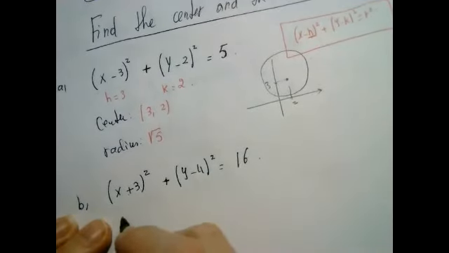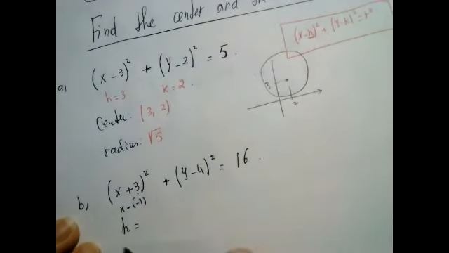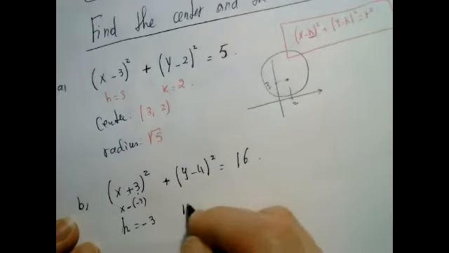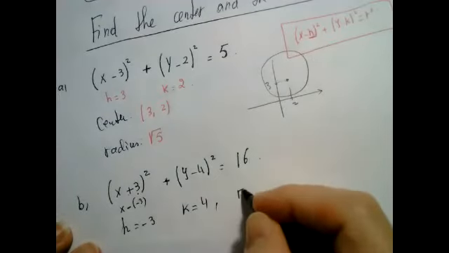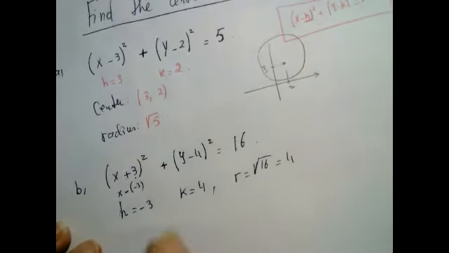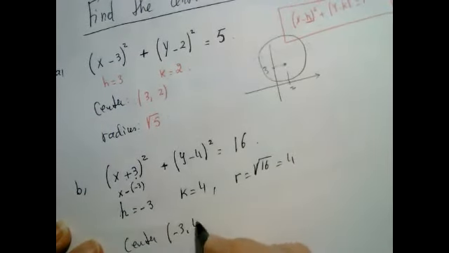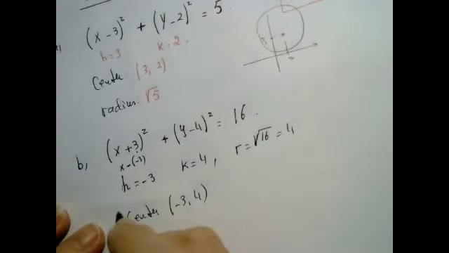So what's playing the role of h here? It's not the 3, because this is x minus -3. So h is -3 here. The k is 4. The r is the square root of 16, which is 4. So my center is (-3, 4), and my radius is equal to 4.